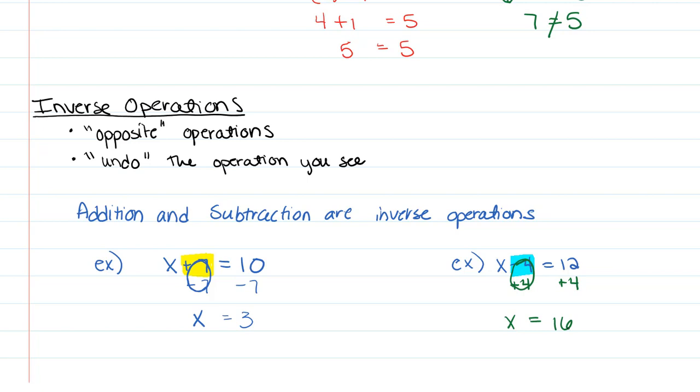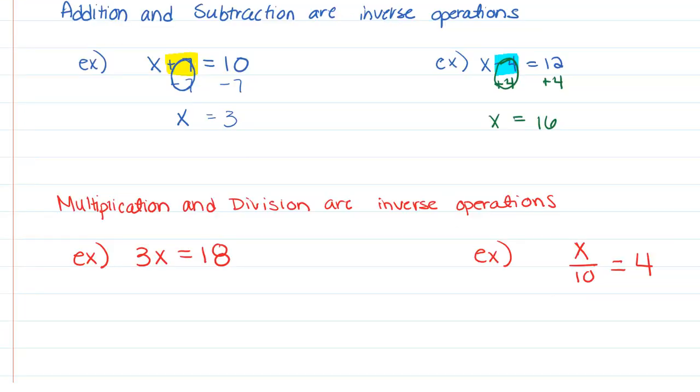Similarly, multiplication and division are inverse operations to each other. So let's take a look at some of those examples. Okay, we have 2 examples here. The first one is 3x equals 18. So what's happening to x? It's being multiplied by 3. The inverse of that, or the opposite of that, is to divide by 3.